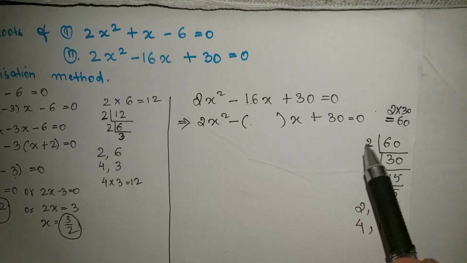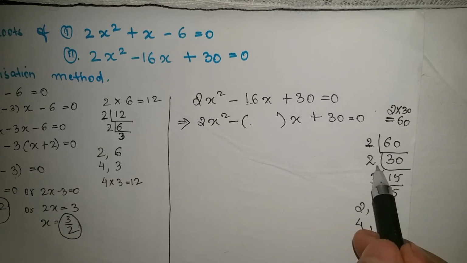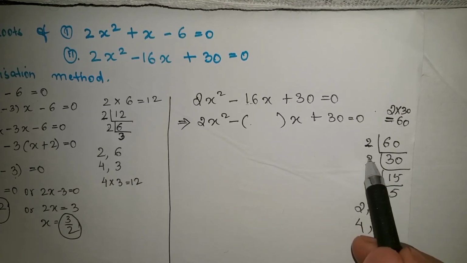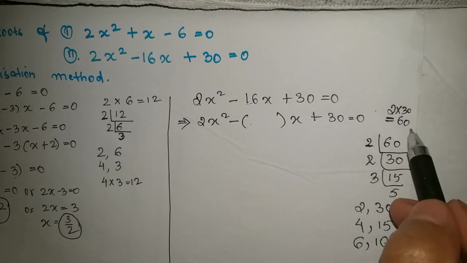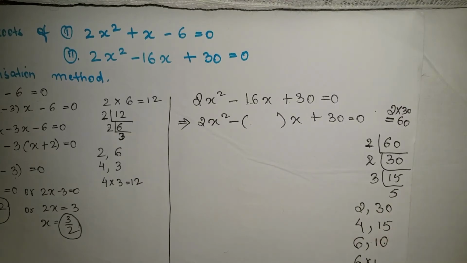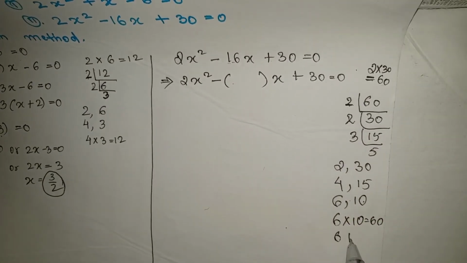Let me take 2 and 3. 2 into 3, it is 6. And the other one with 2 and 5. 2 into 5 is 10. 6 into 10 is 60. But what is 6 plus 10?